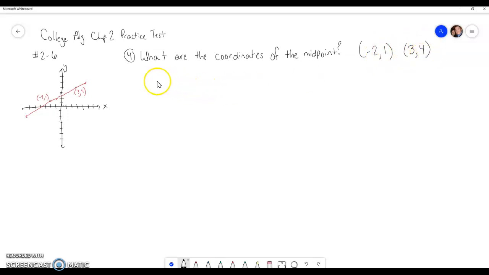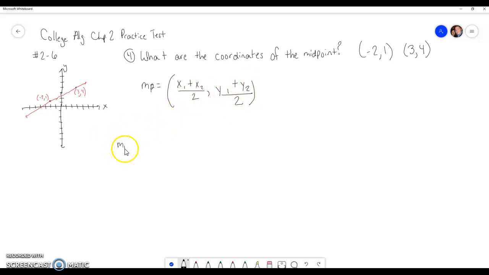Okay, so midpoint just means you're finding the average between your x values and your y values, right? You're looking for that point that's in between these two. So your midpoint formula says that I'm going to take the average of my x values, so x1 plus x2 divided by 2, and the average of my y values, so y1 plus y2 divided by 2. Okay?